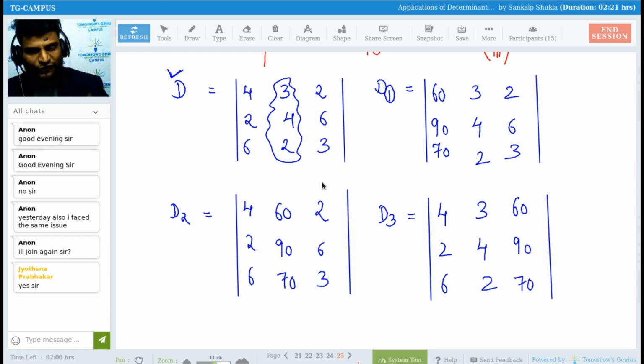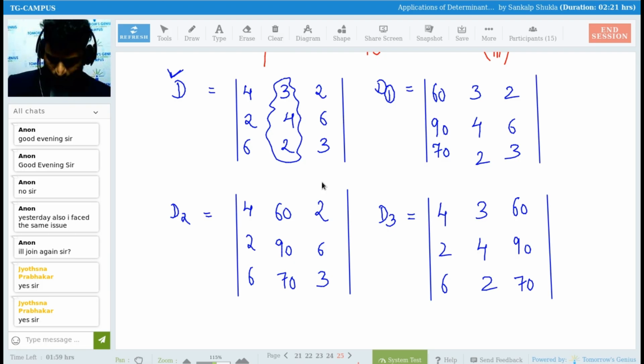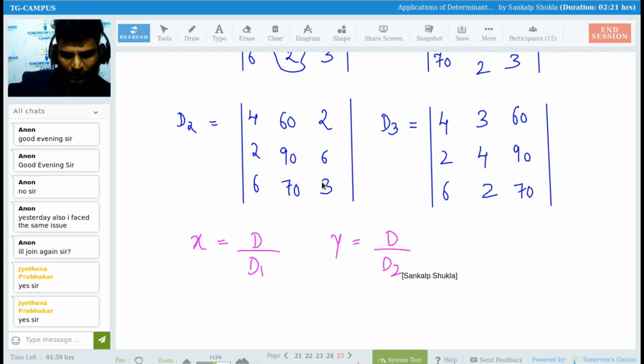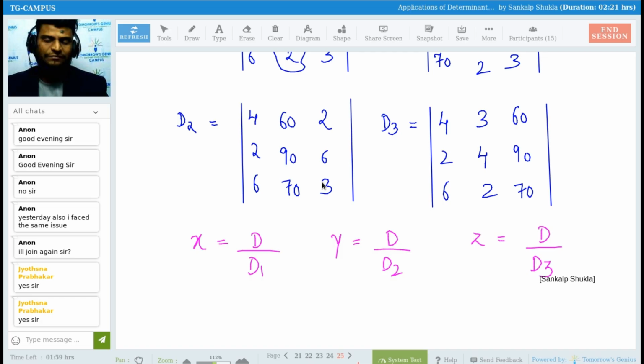Now tell me, is this process of creating four determinants clear to everyone? Just give me a thumbs up. Clear. Okay. Now, the next line is the answer. If somebody asks you the value of x, you have to write: x is D1 over D, y is D2 over D, z is D3 over D. That's it.